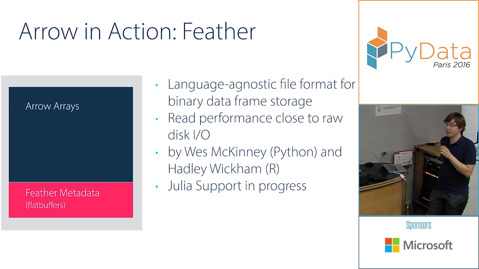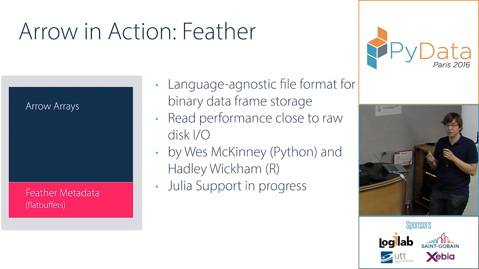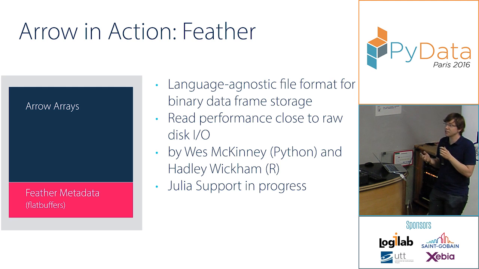You just take the Arrow arrays as they are in memory and push them one after another into a file. At the end, you store a bit of metadata where you say what type each array is and where the array starts and ends. This is a good format if you want to quickly interchange data frames between R and Python, for example. It has limitations: all of your data has to fit in memory.